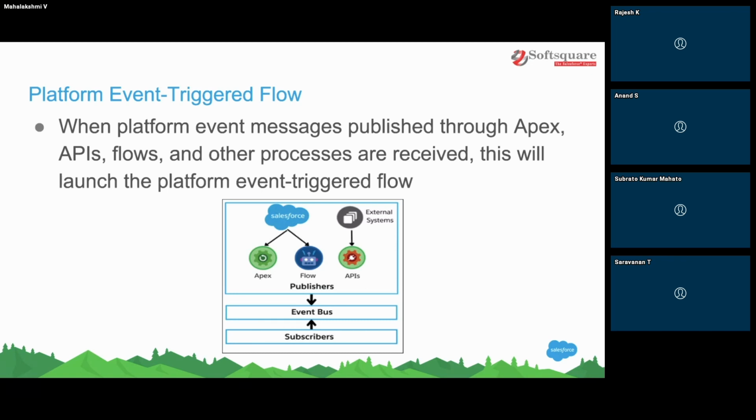One or more subscribers can listen to the same event and carry out the actions. When we publish an event, the flow will act as the subscriber and the platform event triggered flow gets triggered, and we can put logic inside that platform event triggered flow.